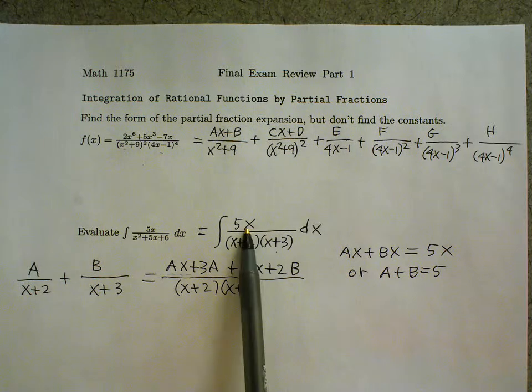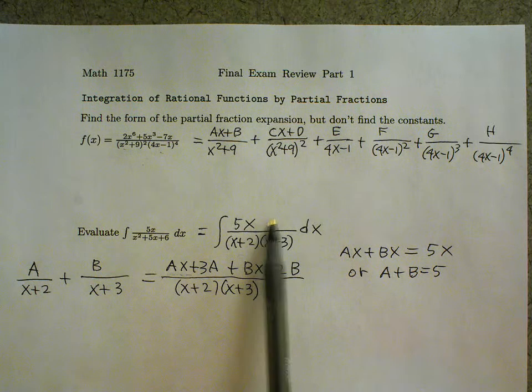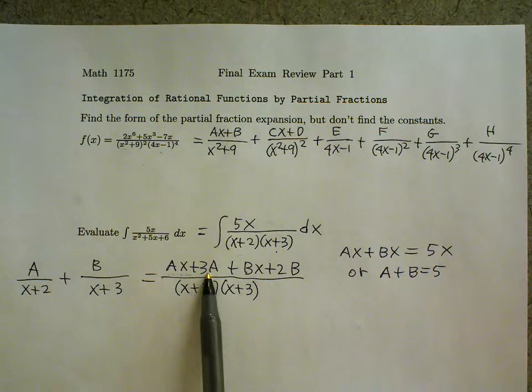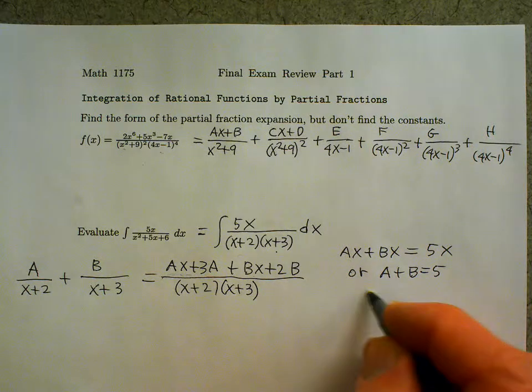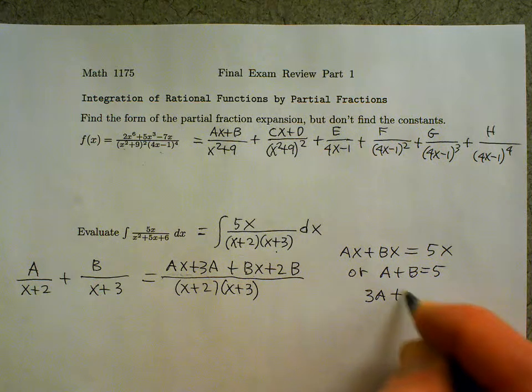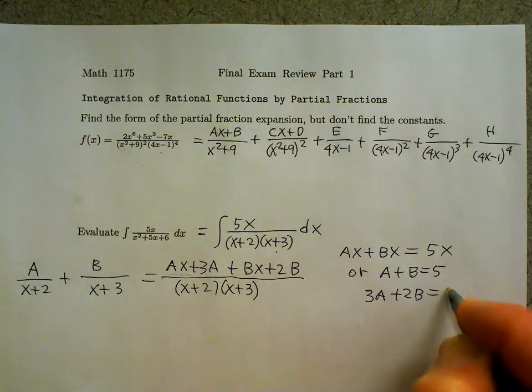And in the original numerator of the integrand, the constant is 0. In this expansion, the constant is plus 3a plus 2b. So 3a plus 2b equals 0.